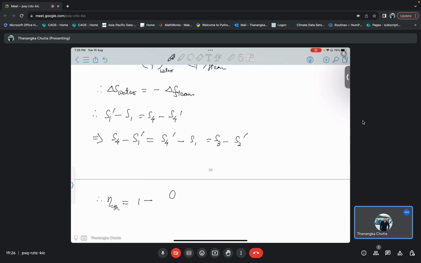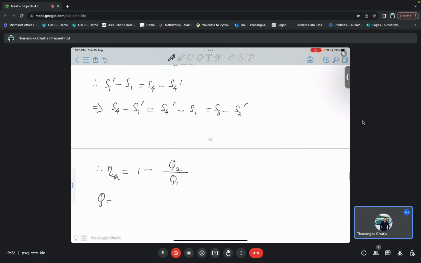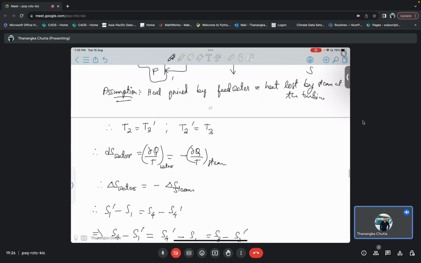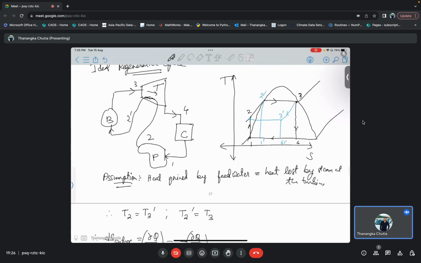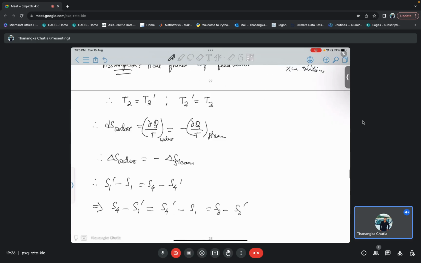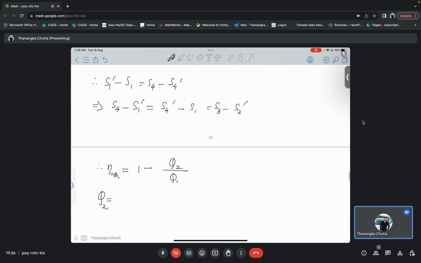Okay, so now therefore eta thermal will be equal to what? 1 minus Q2 by Q1. What is Q2? Q2 is basically the heat rejection, and heat rejection is from point 4 prime to 1. So Q2 is the 4 prime to 1 process.